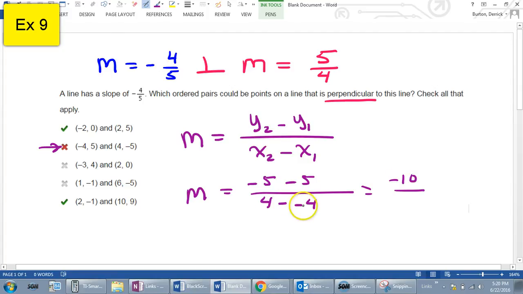And again, minus a negative is addition, so that's going to be 8. This reduces: if I divide both by 2, I get -5/4. I like the 5/4 part, but not the negative. That's why that one's a no.